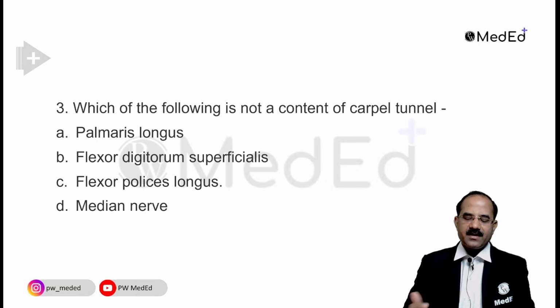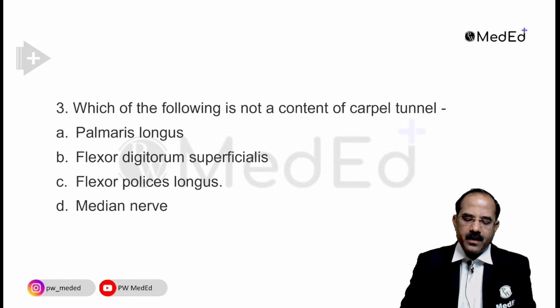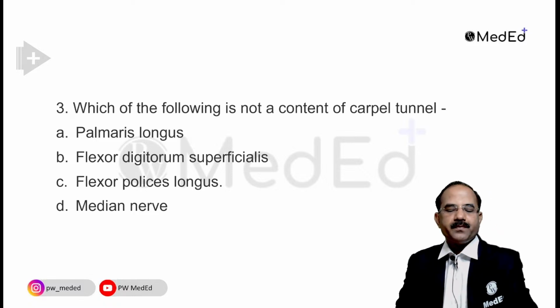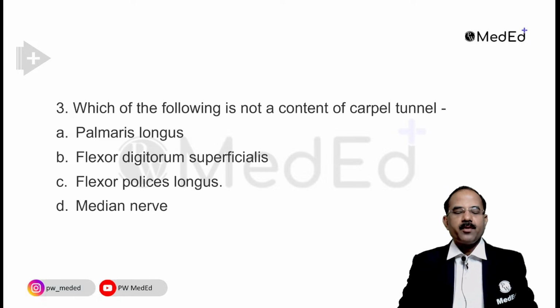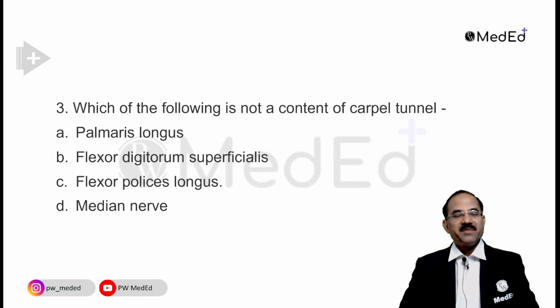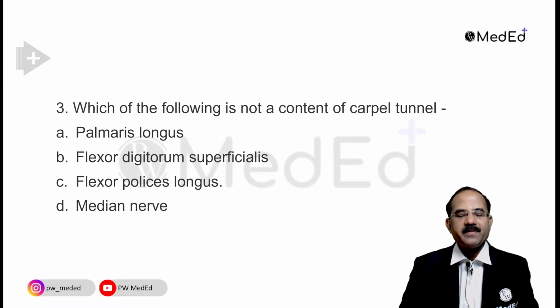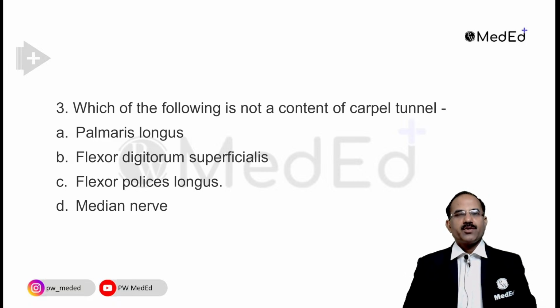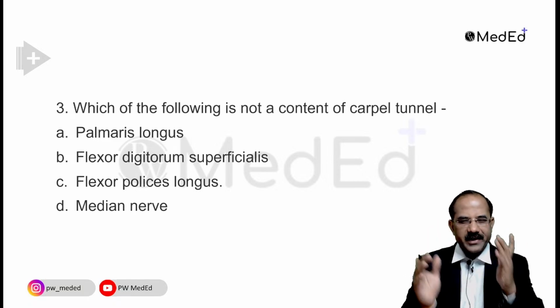Come on, answer this. See, flexor pollicis longus, no, you made a mistake. It's not flexor pollicis longus. This carpal tunnel is a very important MCQ. Try to revise, try to recollect things.